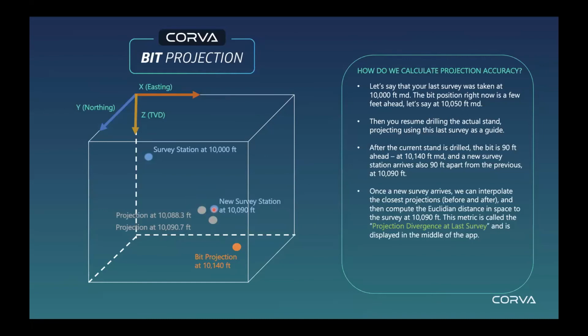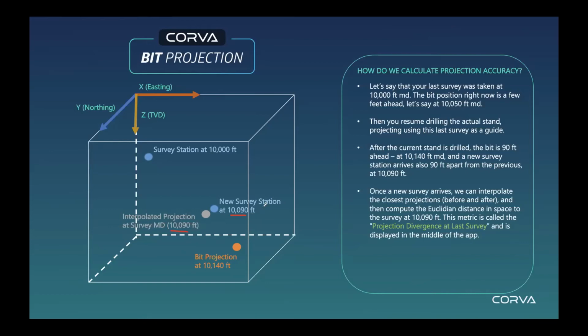Once we find those two points, and this is done automatically, we calculate the minimum curvature method between those two, and then we interpolate a new survey point at the exact same depth as the survey. So we intersect that here, and then we get a new data point, calculated at the same exact depth as the survey.